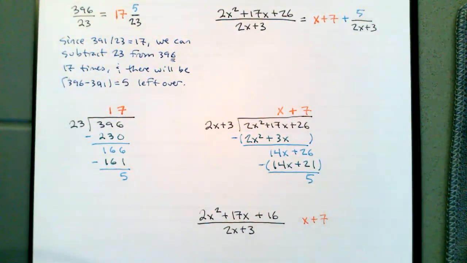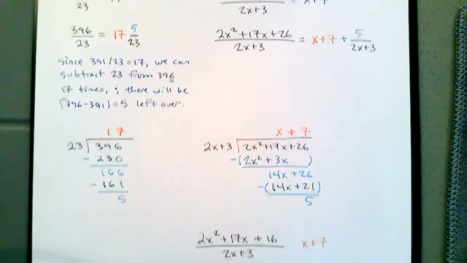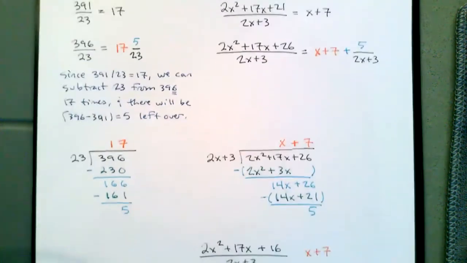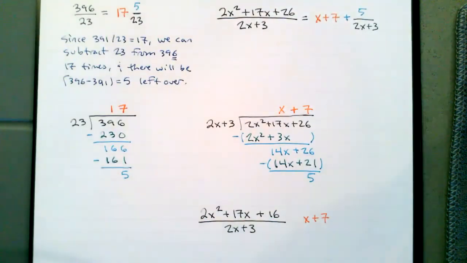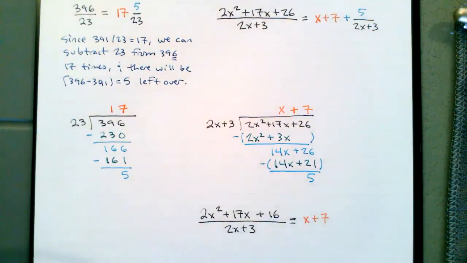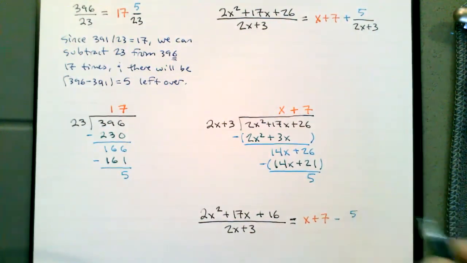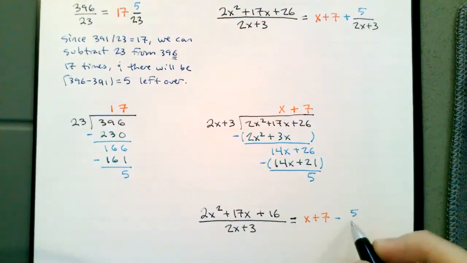But instead of 26, which was 5 above the 21, which is in the middle, I have 16, which is 5 below the 21. So 2x squared plus 17x plus 16 is going to be x plus 7, but not plus 5, but minus 5, over 2x plus 3.